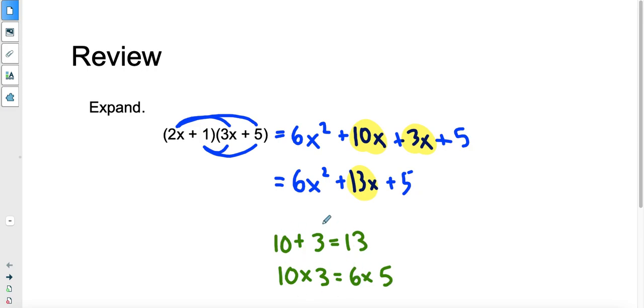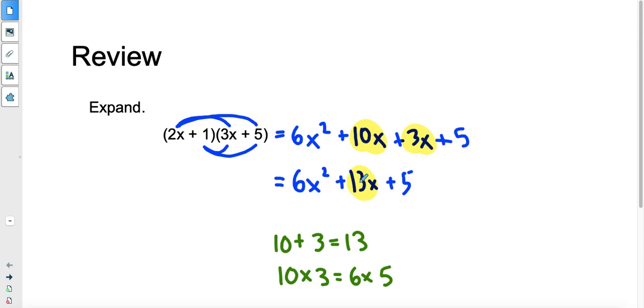Now, this is an idea that we can use when we're asked to factor quadratic equations in this form, right? Because if we can find two numbers that add to the number in front of x in the middle here, and that multiply to this number times this number, then we can use these two numbers to split this middle term up.